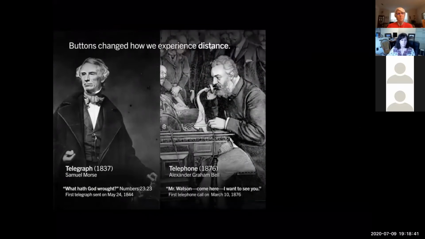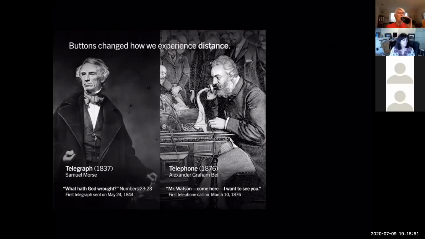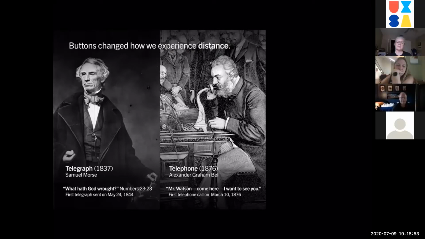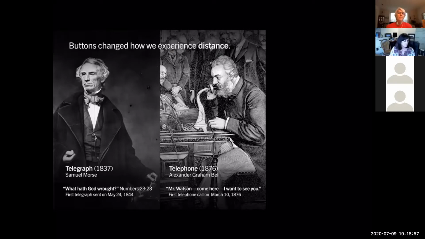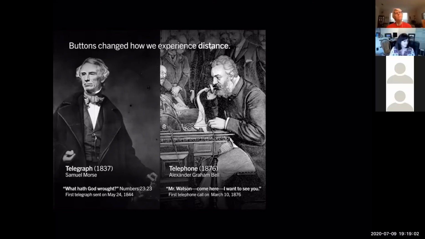Not too long after that was Alexander Graham Bell's telephone, where, it's kind of a funny story, he spilled some acid on his trousers, and he shouted to his assistant, who was in the other room, "Watson, come here, I want to see you." And the reason for that was because he spilled some acid on his trousers.